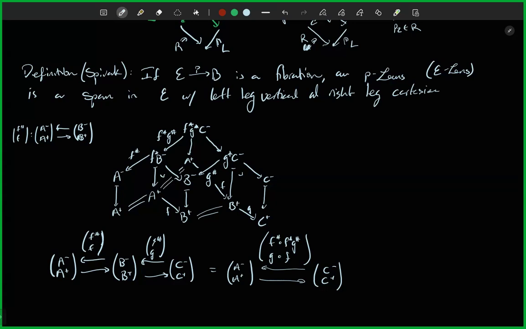Which gives us a nice little notation that cleans up something we saw a number of times ago. And it's worth working out exactly how this works in the simple fibration.